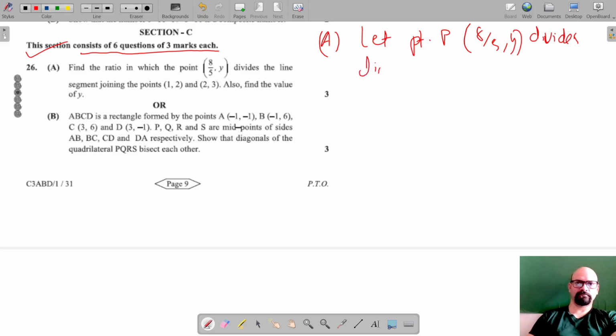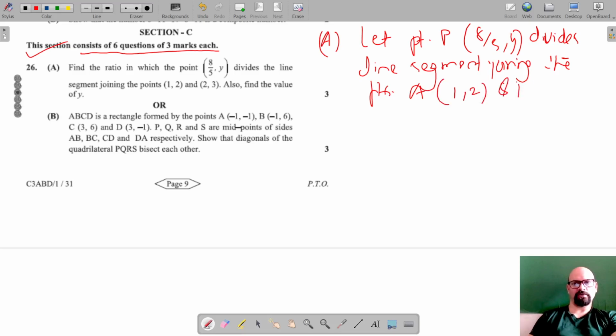It divides the line segment joining the points, and let these points be A (1, 2) and B (2, 3).